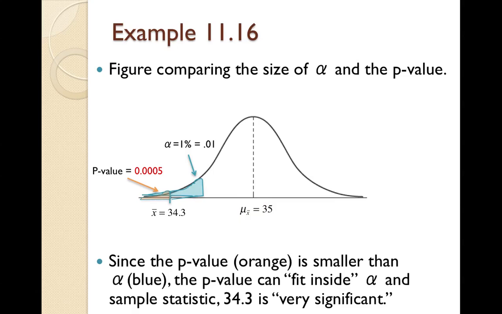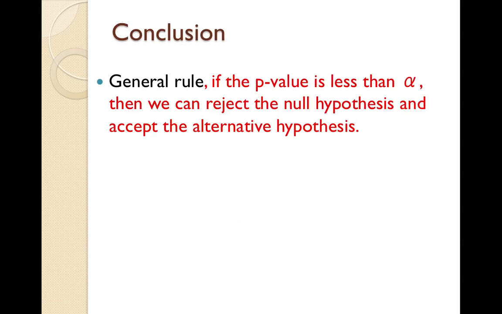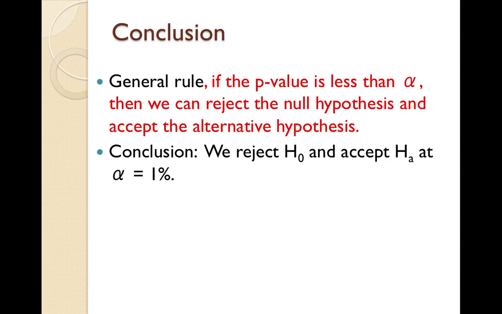Okay, so the p-value, which is in orange, is smaller and fits inside alpha, and so we say that 34.3 is very significant. Its value is less than 1%, so it's a very significant p-value. And so when the p-value is less than alpha, we reject the null hypothesis and accept the alternative.